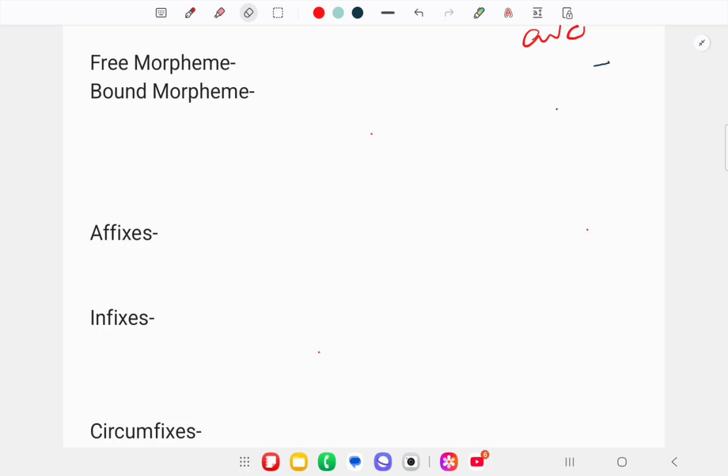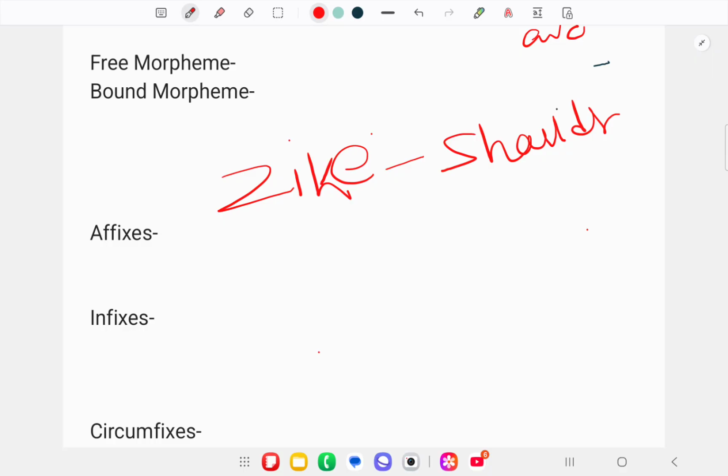Like jaik, in the sense of shoulder. Another example, diga, in the sense of ear.